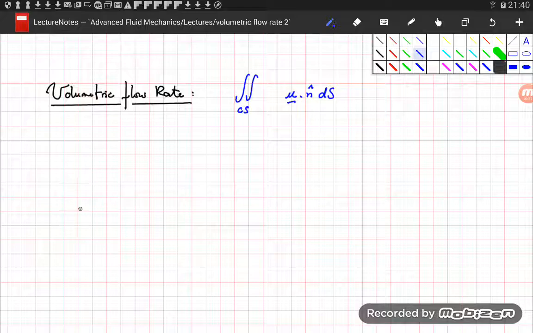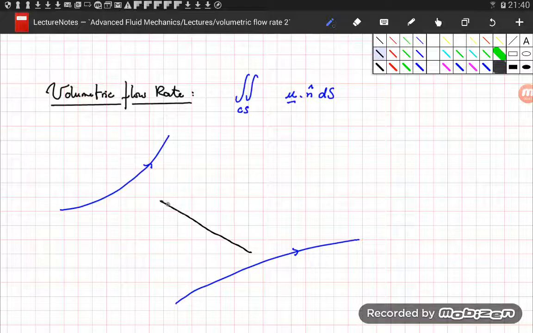So let's assume that we have flow, so fluid flow, and we imagine a control surface inside of this, in the bulk of this fluid. Now this control surface, for now, I don't necessarily assume it to be a closed surface.